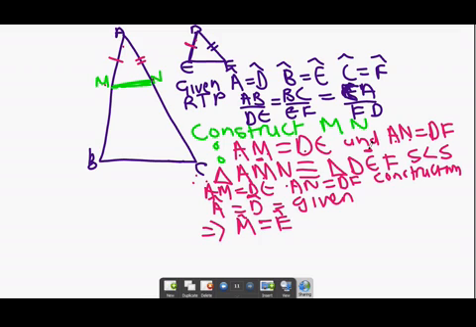And then also angle N is equal to angle F, also because of congruency.